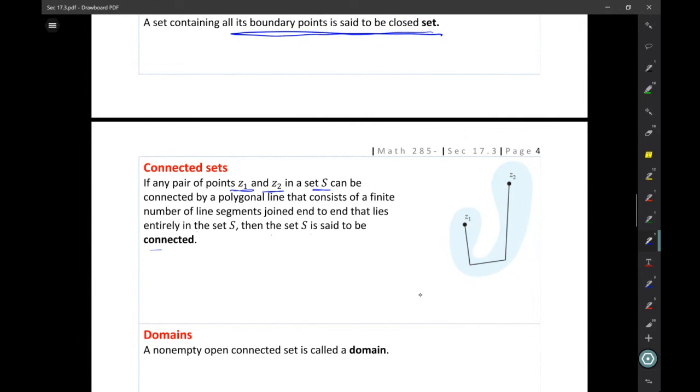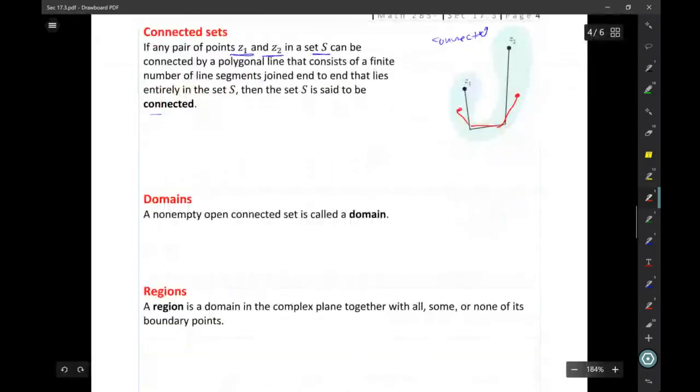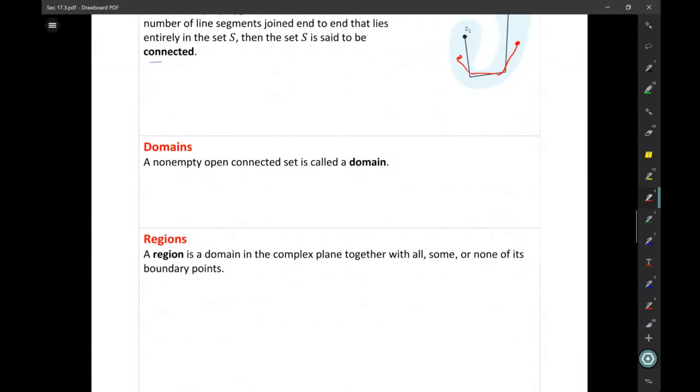We say that the set is connected if I can connect any two points inside this set by a polygonal line. The polygonal line contains a finite number of line segments like this one. This is connected, because for any two points, for example here and here, we can connect them in this way. Now the domain: a non-empty open connected set is called a domain.